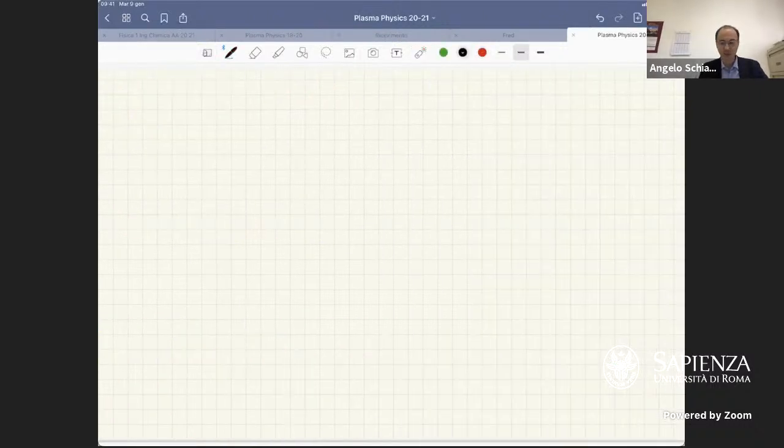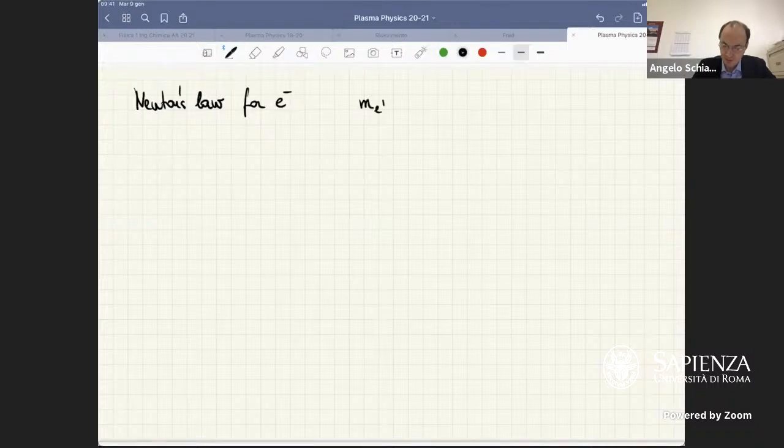So we need some dynamical equations. The first one that we are going to use is Newton's law for electrons, and this is stating that the mass of the electron times the electron density times the total derivative of the velocity field of the electrons on average.